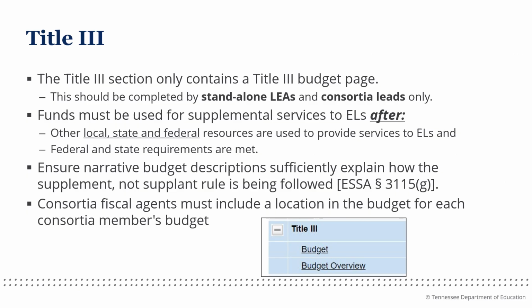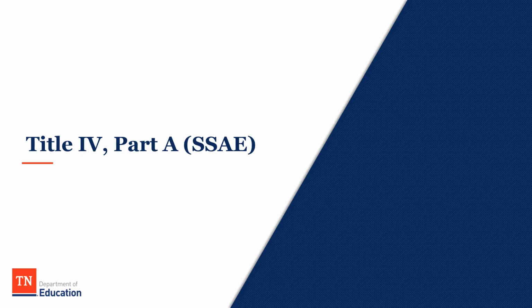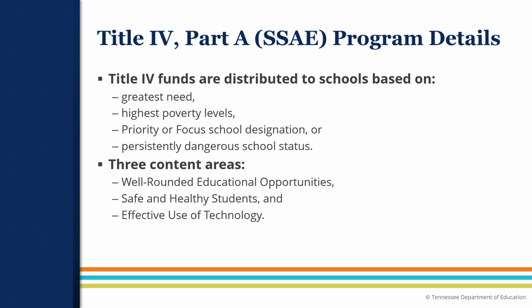With Title IV Part A, this is only for standalone and consortia budgets to complete this, for the consortia leads. Remember there are 3 areas: the well-rounded, safe and healthy, and effective use of technology that encompasses this grant.